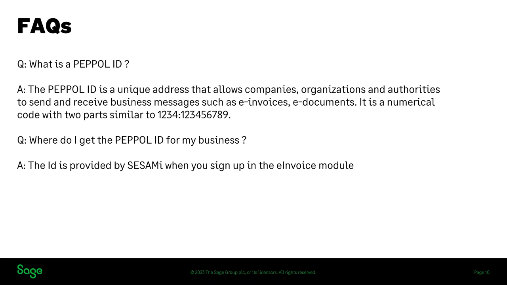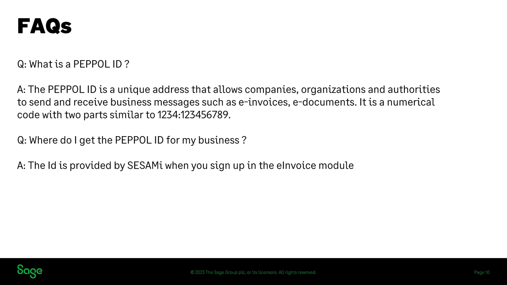One of the common ones that comes up is, what is this thing called a PEPAL ID, right? So the answer explains what that is. Some people say, well, we already have a TIN number, isn't that good enough? Well, just realize that the taxpayer identification number is to identify yourself as a taxpayer to LHDN, okay? The PEPAL ID is, think of it as basically a phone number for your business, or maybe your website domain.